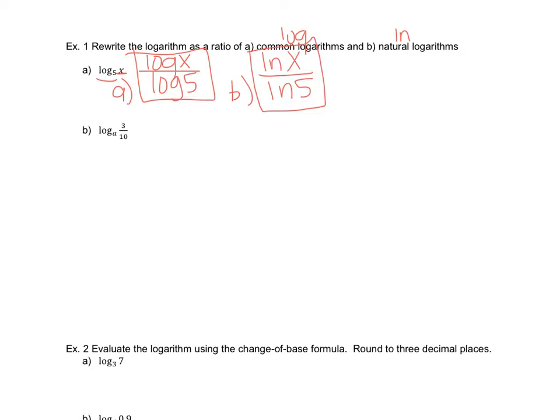So on part B, it's going to be the same thing. Don't let the fraction throw you. So here I would have log of 3/10, so log of big B, divided by log of little b, which is a.